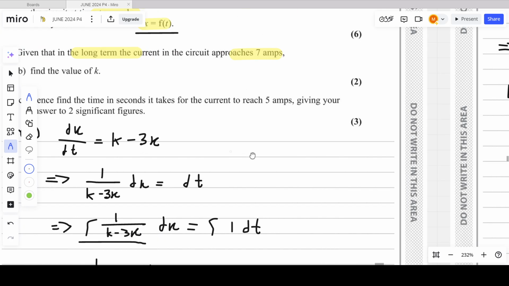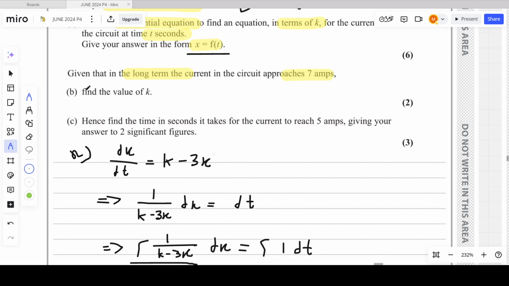Next, part C. Hence, that means we need to use the answer from the previous part B and also part A. Find the time in seconds it takes for the current to reach 5 amperes, giving your answer to two significant figures. Pretty simple.